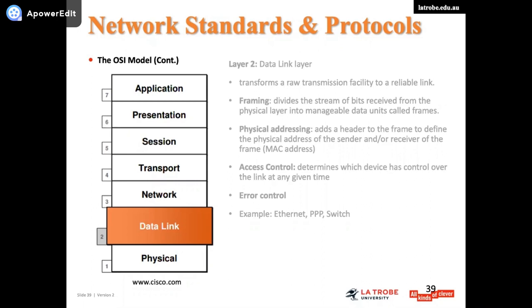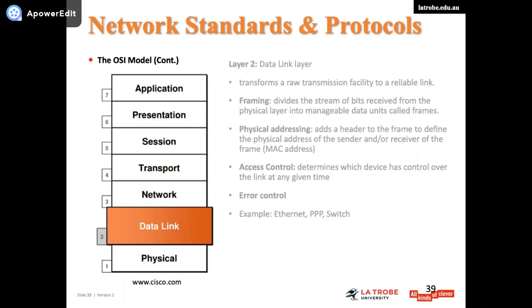But the problem is that if we don't have any rules to define which computer has the right to send and receive at a given time, there is a higher possibility that different computers will send their data simultaneously. Then it will cause a very serious network congestion problem. So in order to avoid this problem, we should define rules to control the traffic. It means that we have to use these access control techniques.